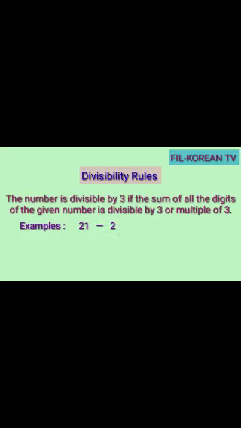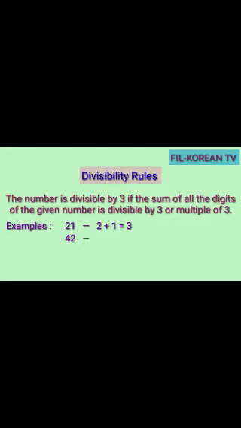Examples: 21. Ang 21, ang digits niya ay 2 and 1. Ipa-plus natin ito. 2 plus 1 equals 3. Ang 3 ay multiple ng 3 or pwedeng ma-divide sa 3. Kaya yung 21 ay divisible by 3.